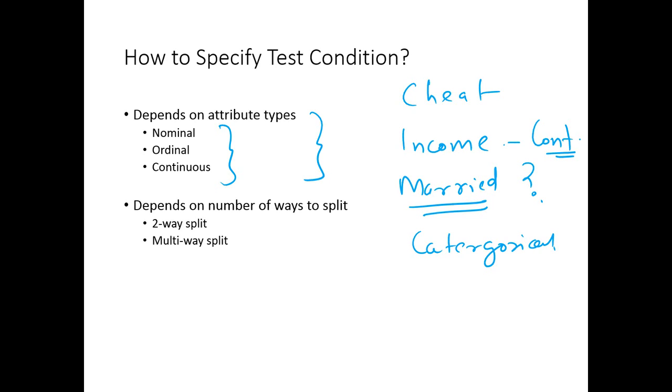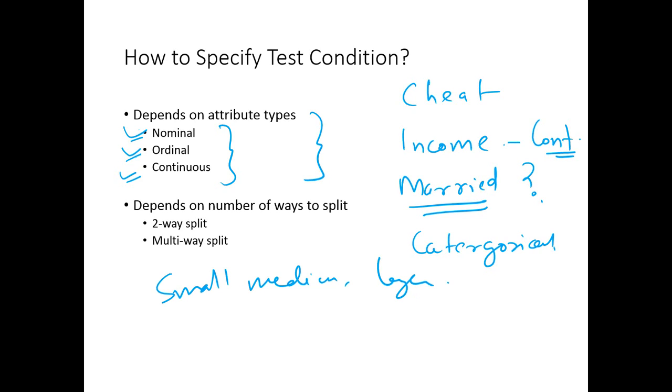So specifying the test condition depends on what kind of attribute you are dealing with. It could be nominal, ordinal, or continuous. The difference between nominal and ordinal is that they are both categorical, except that in nominal cases you cannot order them, whereas in the ordinal case you can, like small, medium, and large.